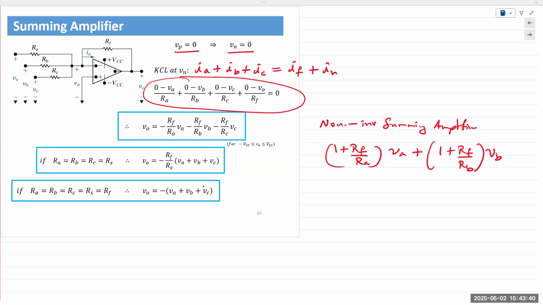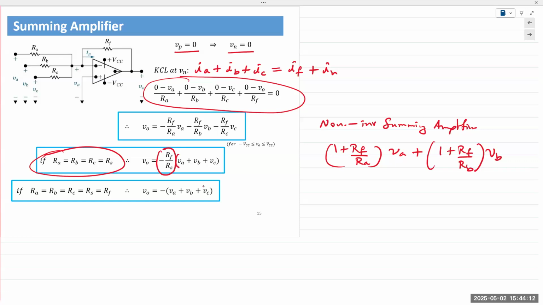It's RF, one value. The gain is determined by the values of RA, RB, RC, RD, and so forth. So every single input resistance determines what the gain is for that particular input. So if they're all the same, and the notation used is RS, we can simply write V out is minus RF over RS, similar to an inverting amplifier.